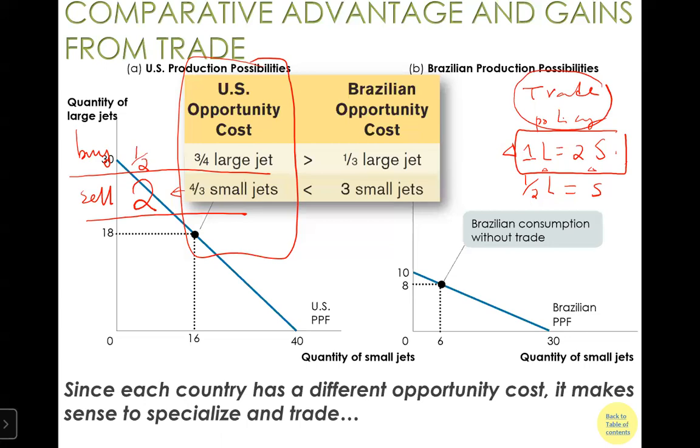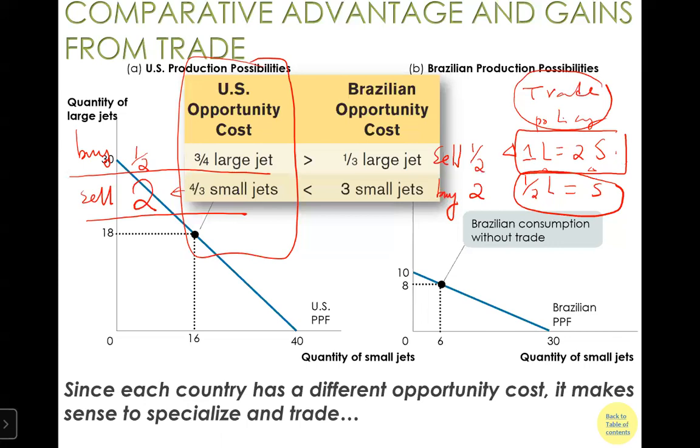All right, now we move to Brazil. What this trade policy is proposing is as follows. For Brazil, they can sell small jet at which price? They can sell small jet at 2/2, right? So that's coming from here. And then they're going to buy larger jet at 2.